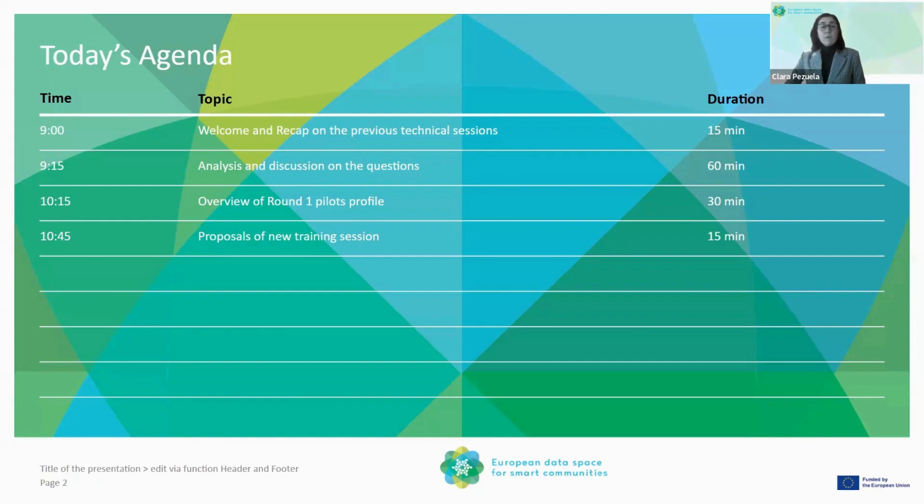Then we can comment and try to extract a kind of mapping between what you are thinking, what you currently have at your legacy systems, and the building blocks and components that we are proposing from the blueprint. In this way, we can envisage where we are as a starting point, as a baseline, and which is the path that every data space, every pilot, has to go through.